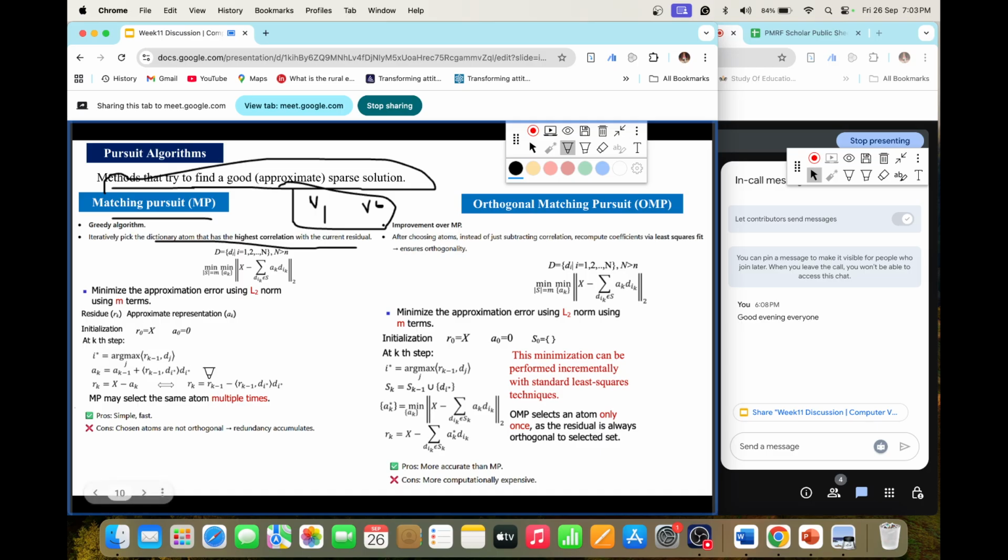I am not going into the formula because it is confusing. MP may select the same atom multiple times. So this is a con of MP. The chosen atoms are not orthogonal. This is the main disadvantage of MP: the vectors it chooses might not be orthogonal to each other.